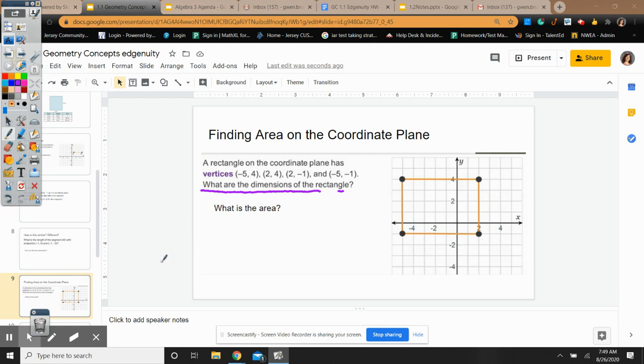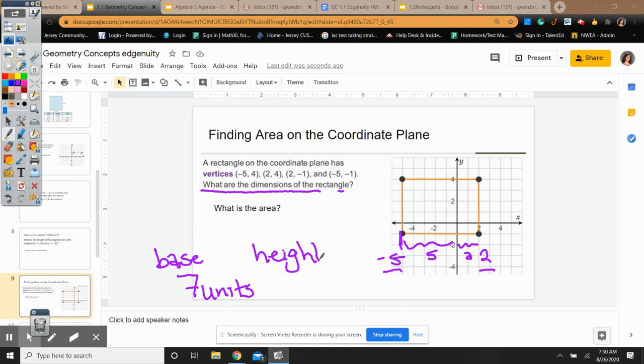That's asking you what is the base and what is the height. And you look. So for the base, this guy's at -5. This guy's at 2. How far apart is -5 from 2? Well, there's 5 this way and 2 this way. The base is 7 units.